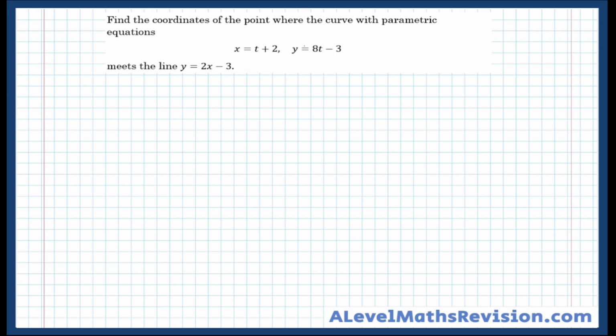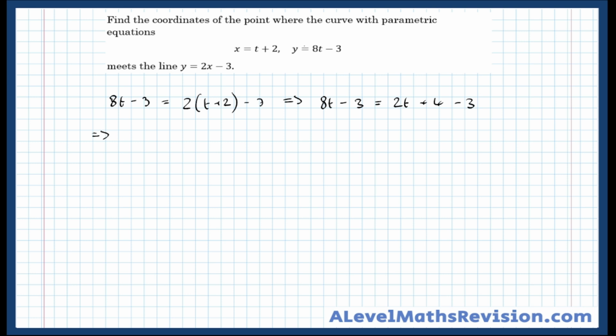So we know that y, which is 8t minus 3, is equal to 2 lots of x, so 2 lots of t plus 2, take 3. Solving that, we get 8t minus 3 equals 2t plus 4 minus 3.